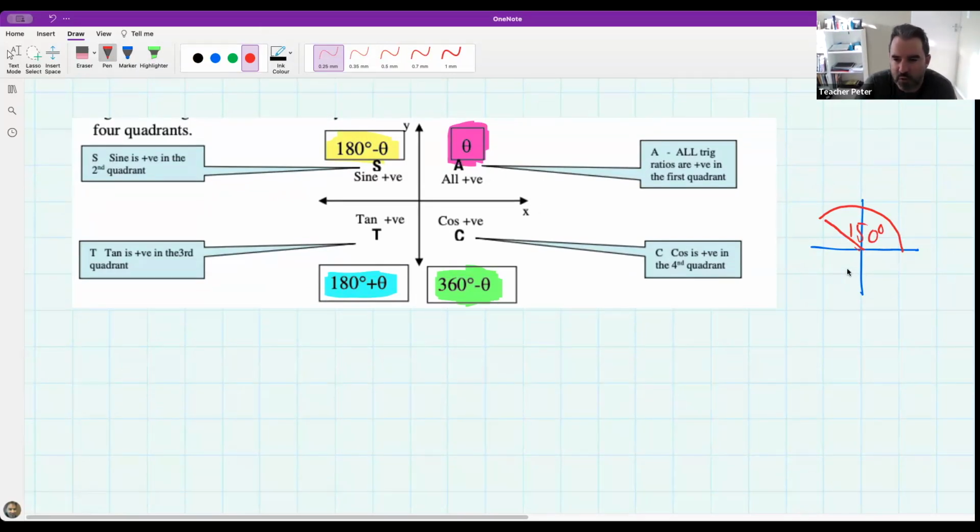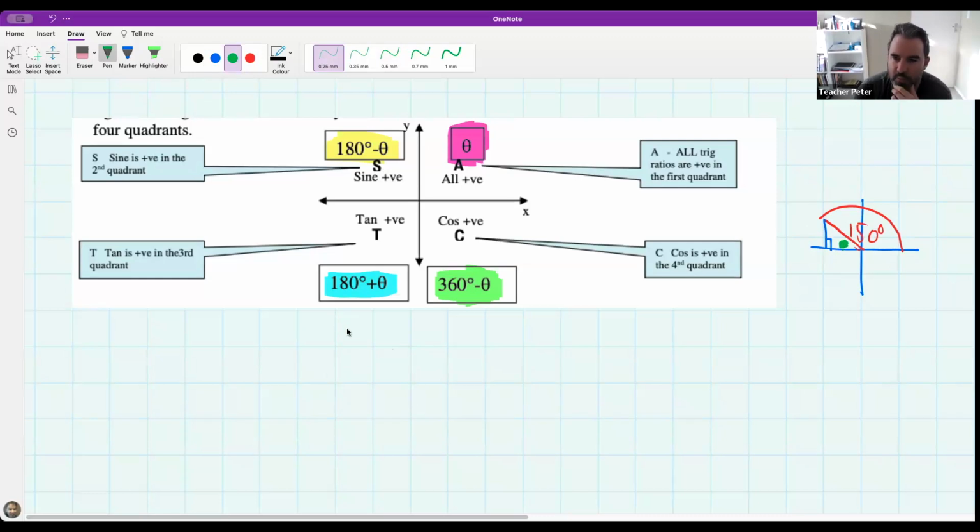Now, if you imagine 150 as the angle you start with, but now imagine that you drop a perpendicular line down here. What is the size of this green dot over here? Could you work out what the size of that green dot is without anything more?